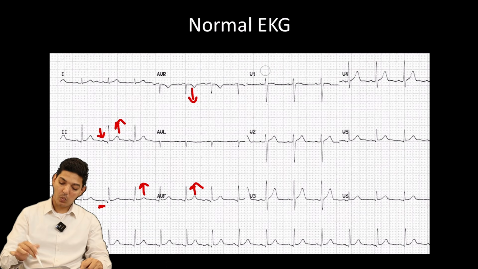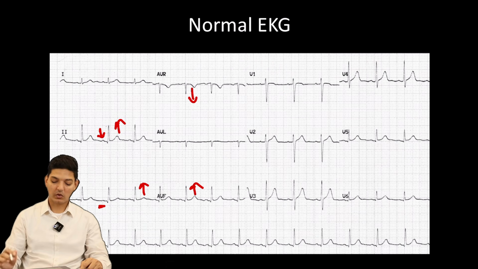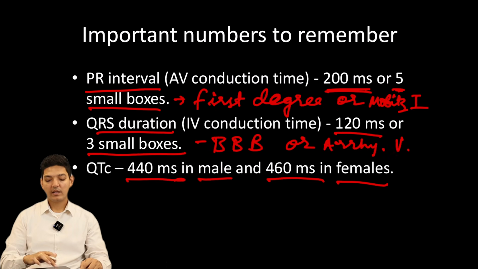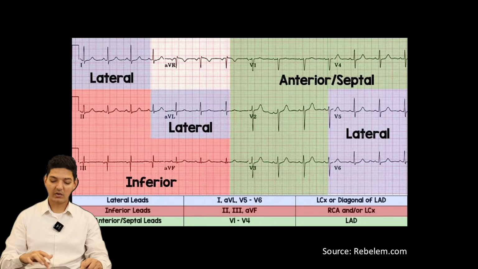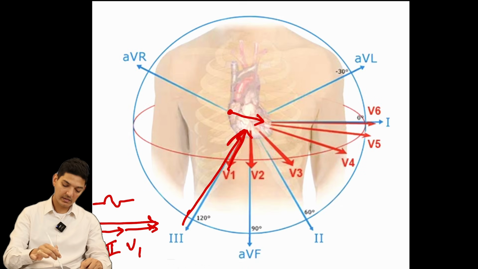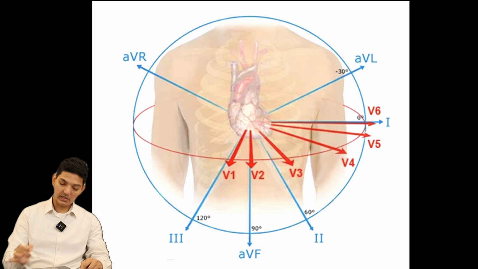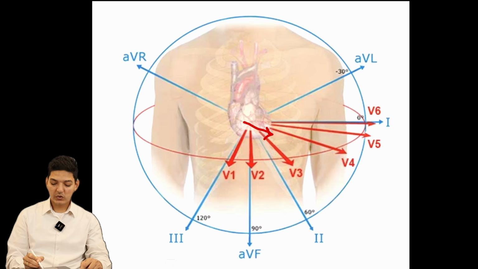Let's try to understand why there is a normal progression of the R wave, and that will help you understand. Many times you hear that the leads are misplaced and all. It's very easy to understand. So look at this EKG. The direction of QRS is somewhat in this direction, right? So the ventricular depolarization is pointing towards mostly V4 or V5.